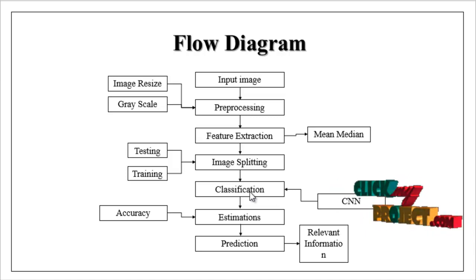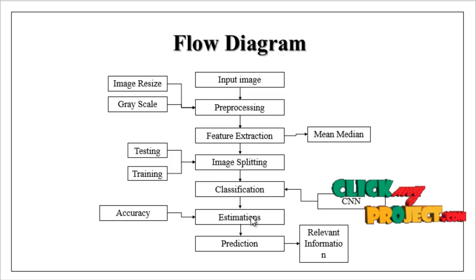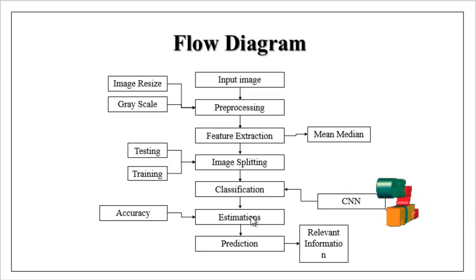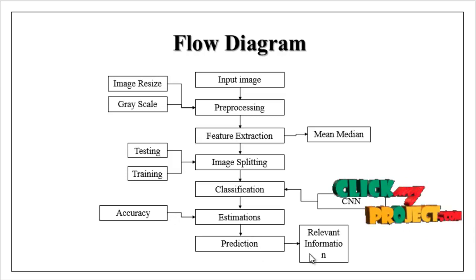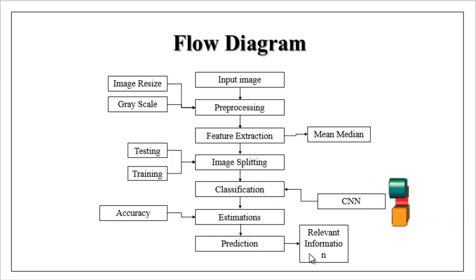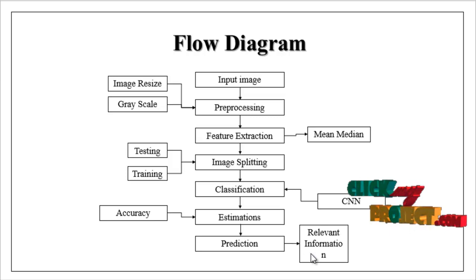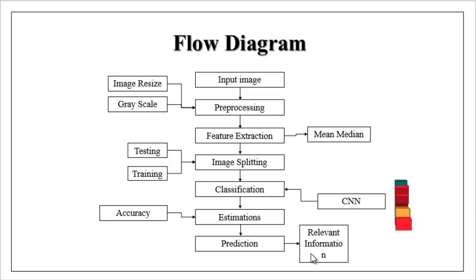Then we classify with the help of the CNN, and we can estimate some performance metrics such as accuracy. Then finally prediction. Here we can generate a description of a given or chosen input image. This is the flow of our project.